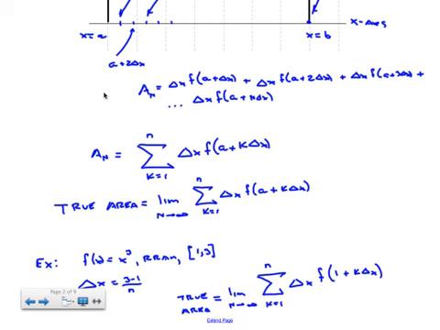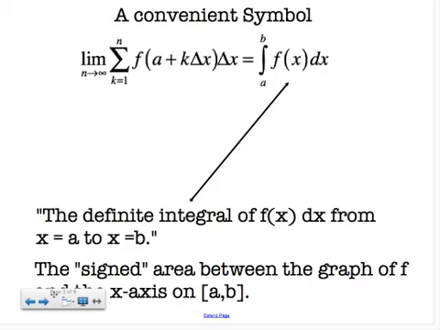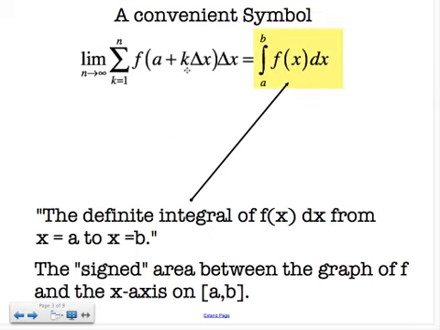Now, you might guess that it's going to be cumbersome to continue to write all these symbols if all we're talking about is an area of a region. And luckily, a German mathematician agreed with you and said, okay, instead of writing this out all the time, let's come up with a more convenient symbol to use that's less cumbersome.